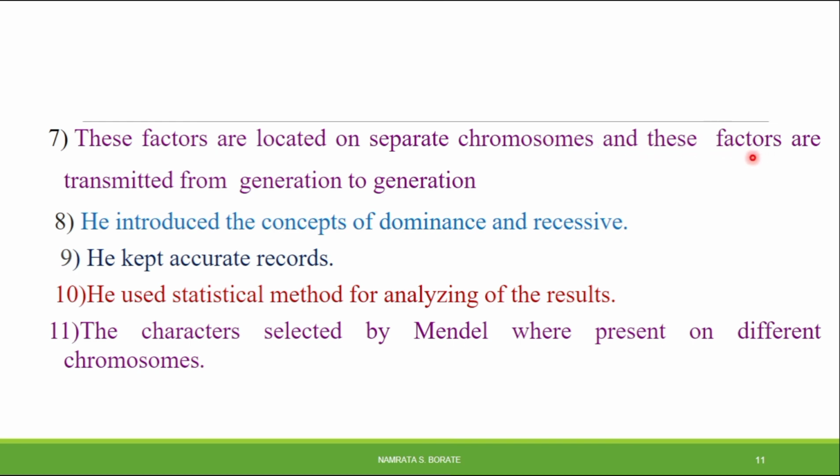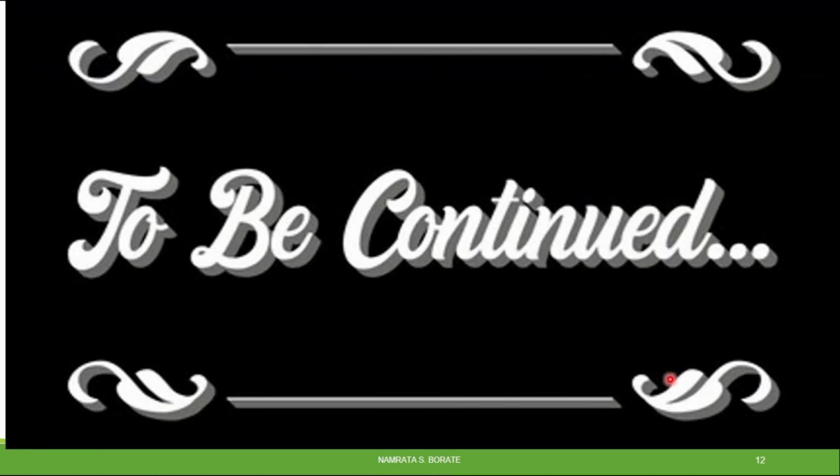These factors, meaning the genes, are transmitted from generation to generation. He introduced the concept of dominance and recessiveness. He kept an accurate record of all this work. He used statistical methods for analysis of the results. And the last one, the characters selected by Mendel were present on different chromosomes.